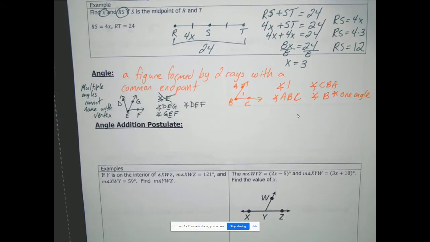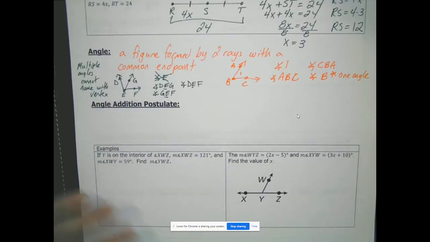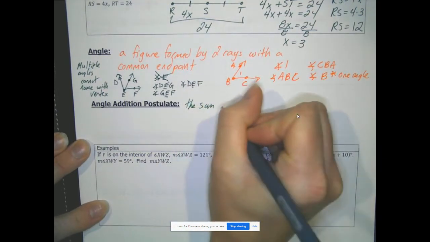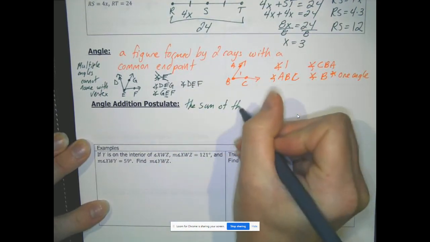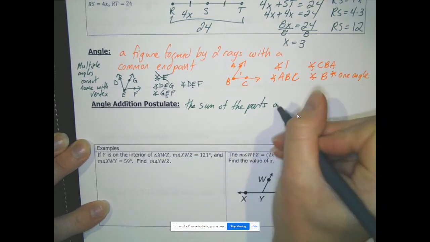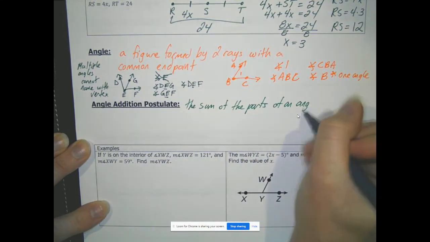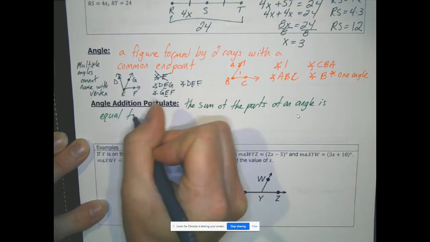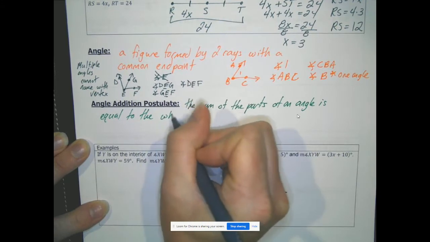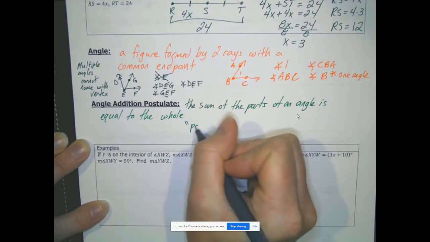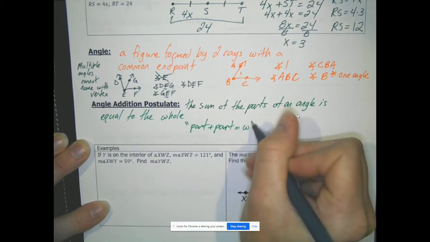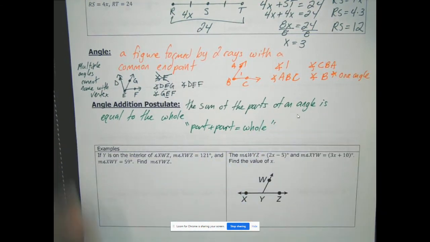Okay, so angle addition postulate, exactly the same thing as segment addition postulate. The sum of the parts of an angle is equal to the whole. And this one as well is part plus part is equal to whole.